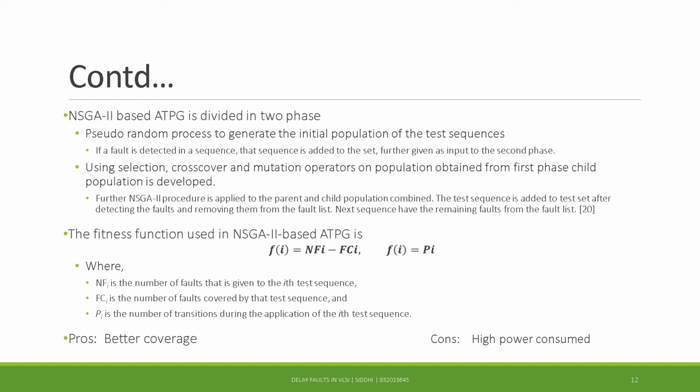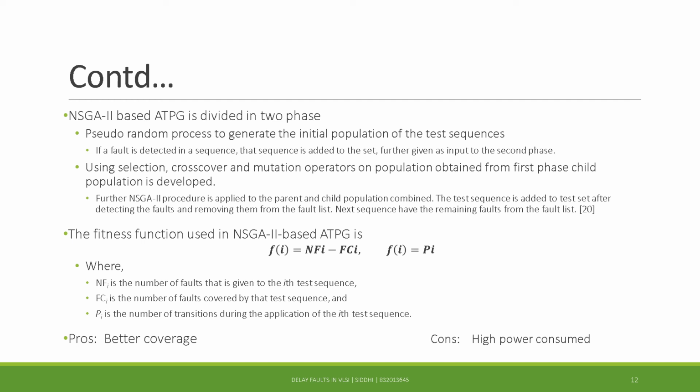In the second phase, using selection, crossover, and mutation operators on population obtained from the first phase, child population is developed. Further, NSGA2 procedure is applied to the parent and child population combined. The test sequence is added to the test set after detecting the faults and removing them from the fault list. Next sequence has the remaining faults from the fault list.